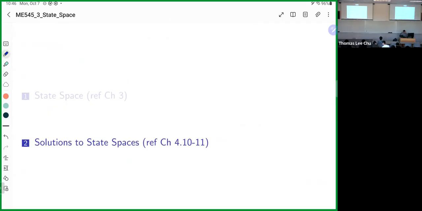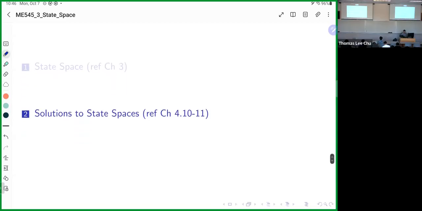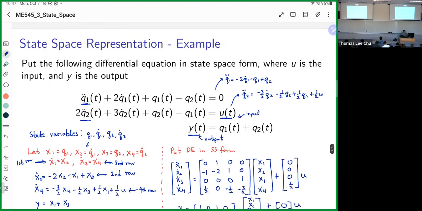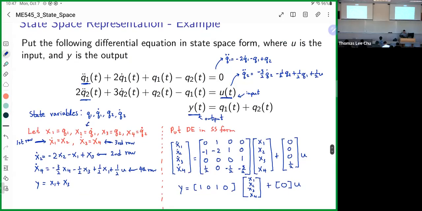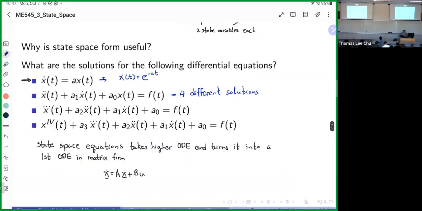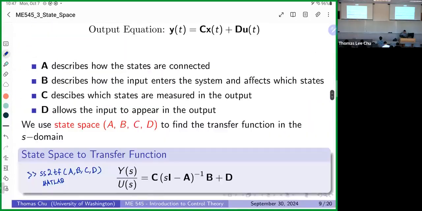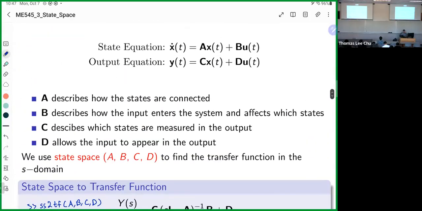Okay, so that's the end of chapter 3 on state space. We're going to jump to chapter 4.10 to 11, which is also related to state space. We're going to take this state equation here and find the time domain solution using the state equation.